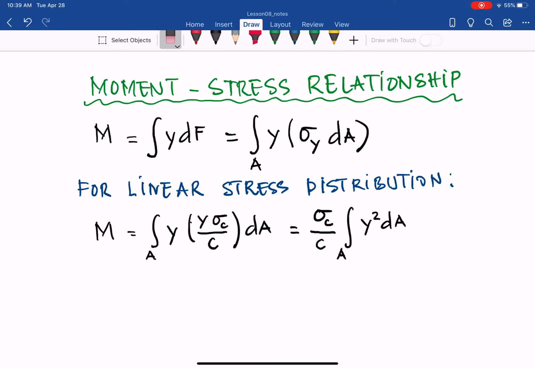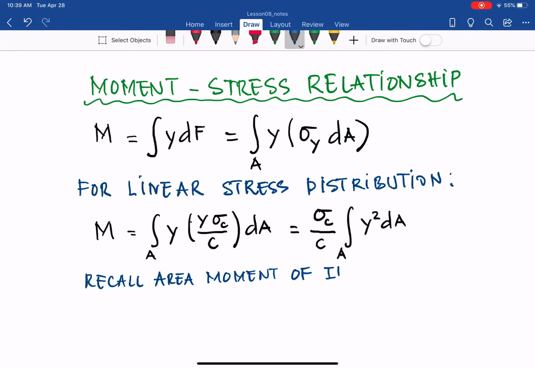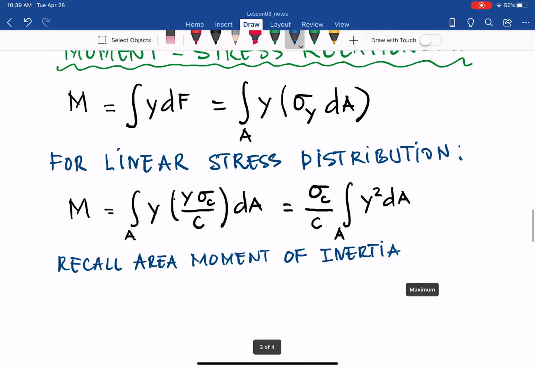If you recall the previous lesson, let's recall the area moment of inertia here. You practiced that in lesson 6, right, before buckling.